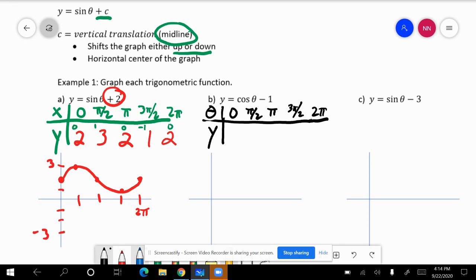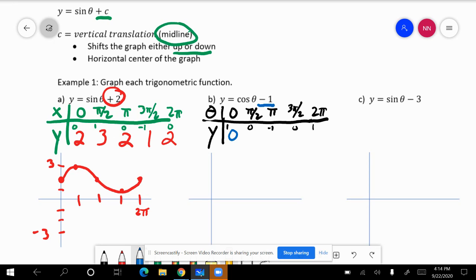Now remember, our cosine values are 1, 0, -1, 0, and 1. What we're going to do is subtract 1. So the cosine of 0 is 1. When we subtract 1, we get 0.